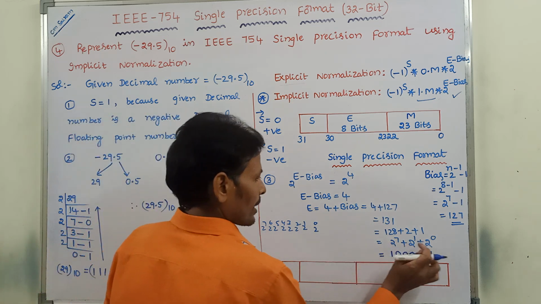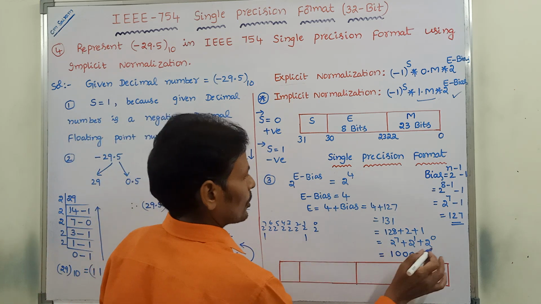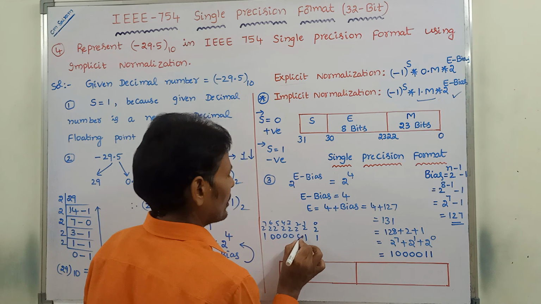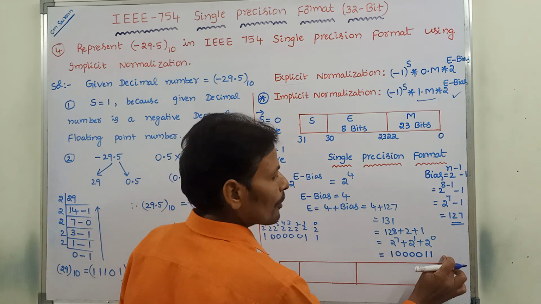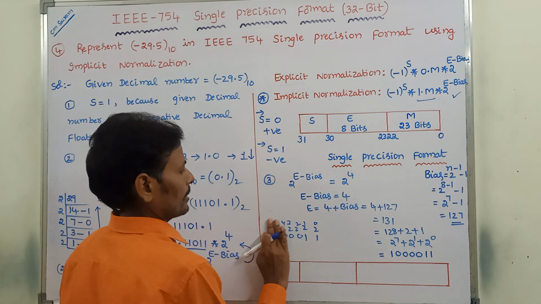What 2 powers are there? 2 power 7, 2 power 1, and 2 power 0 are there. Remaining values are filled with zeros. So this is the value you are getting. This is the simple procedure.